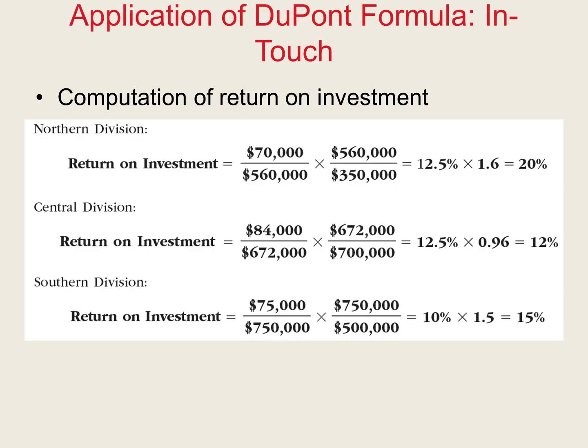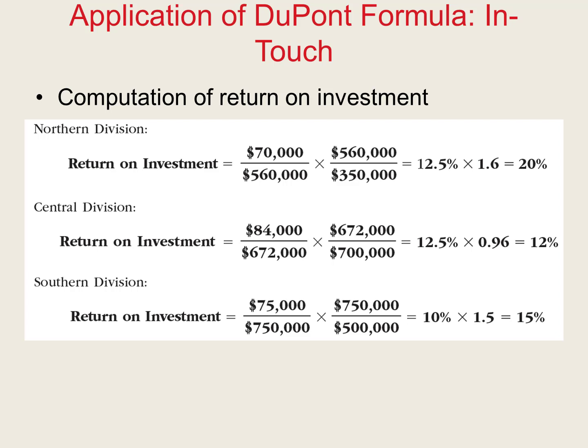Let's now take a look at the Dupont Formula for each of these divisions. The profit margin for the Northern Division is 12.5%, which is the same for the Central Division. Southern Division lags at 10%. When we look at the investment turnover, the highest is the Northern Division.